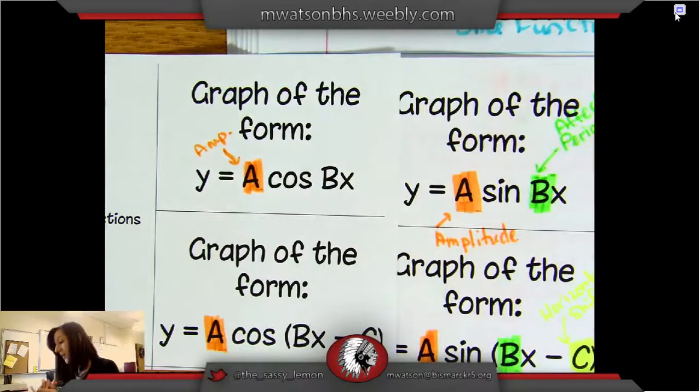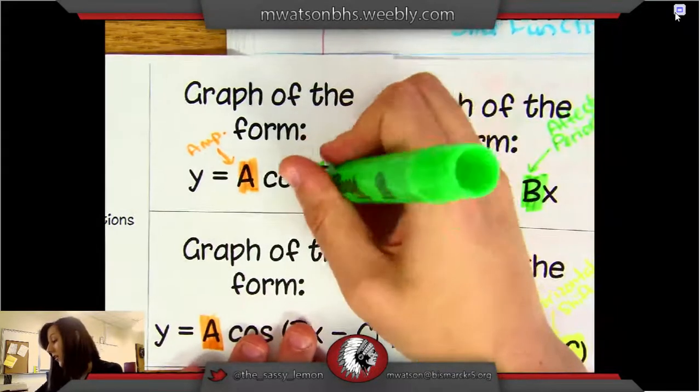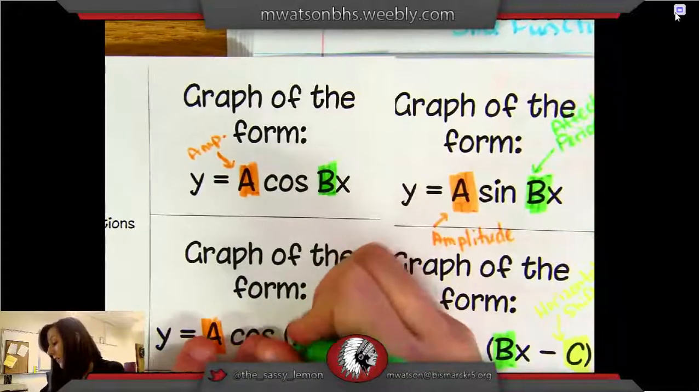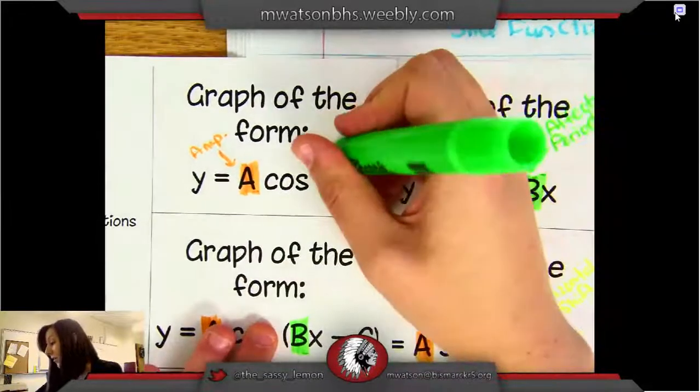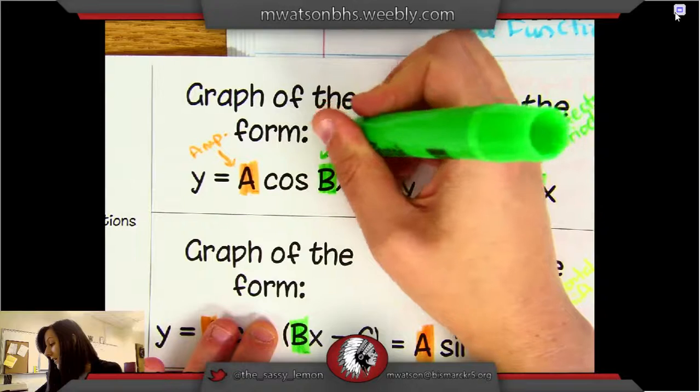And the number in front of your angle measure, here we're calling it x instead of theta, is always going to affect the period.